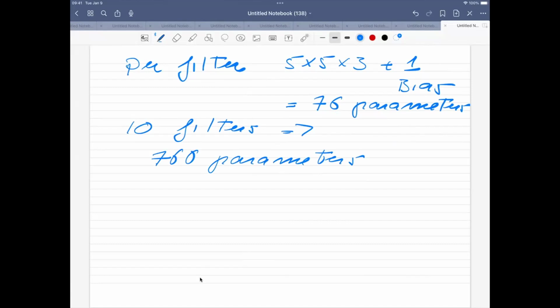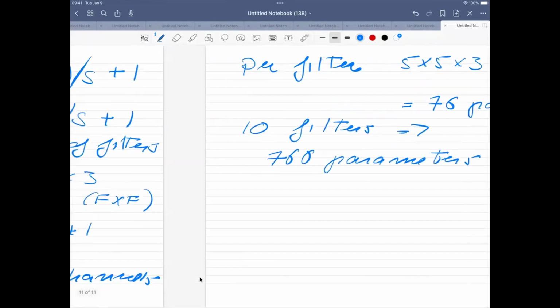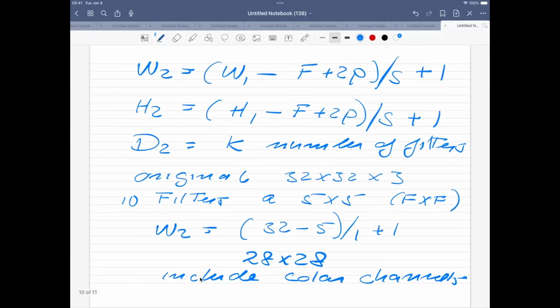So the dimensionality of the image was then reduced, if we look at this case, to 28 times 28. Sorry, just a moment. No, sorry, I was a little bit rushed here. This is equal to 28.